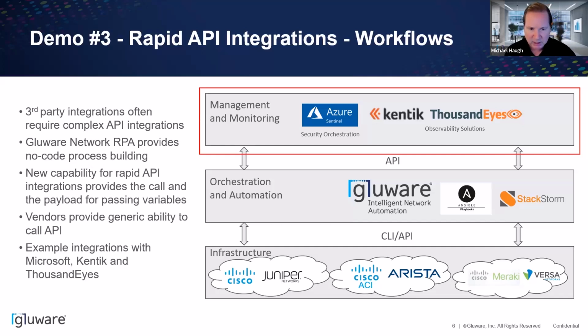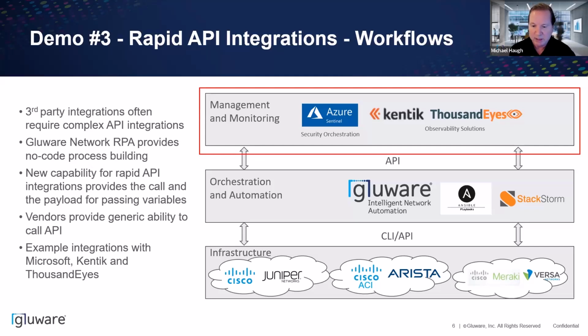Now, that sounds like a big challenge, like APIs are complicated and you need programming skill sets. We're going to show you a way that Gluware has exposed, leveraging our network RPA application and our ability to build a no-code workflow. You drag and drop and build the actions that you want to automate in terms of response.